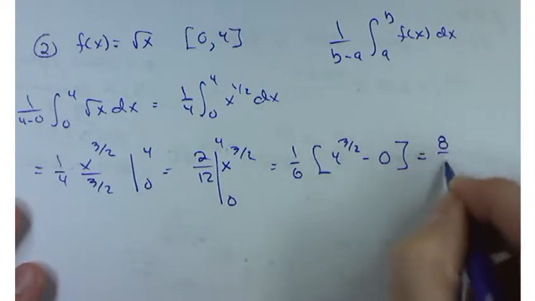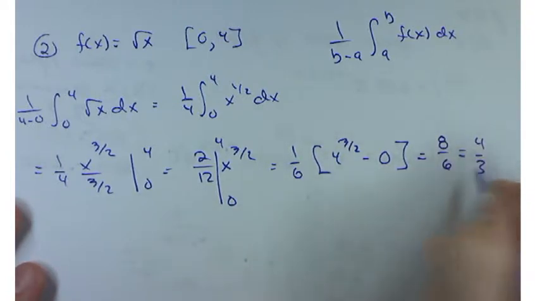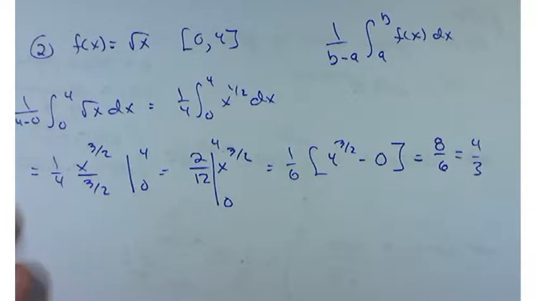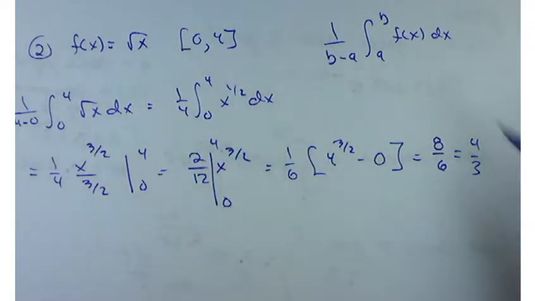So 8/6 or 4/3. So that's the average value of the function. On average, if you were to look at this function between 0 and 4, its average value is 4/3. That's kind of an interesting point to come up with.